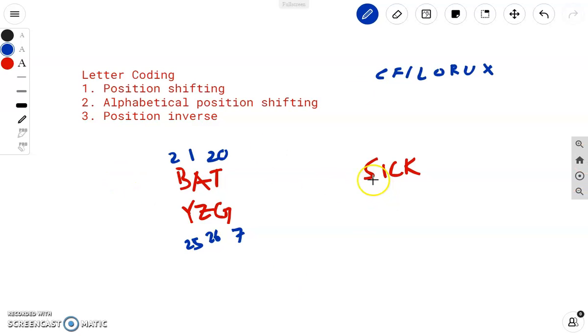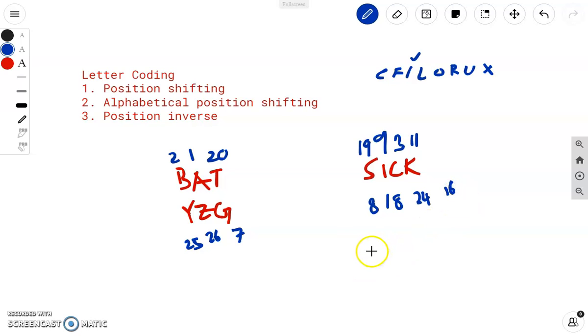And if you follow the same order in the case of sick, S is 19, I is 9, C is 3, and K is 11. Now by the 27th rule, the positions of the code will be 8, 18, 24 and 16.